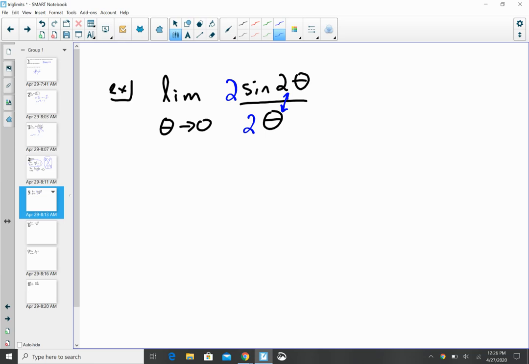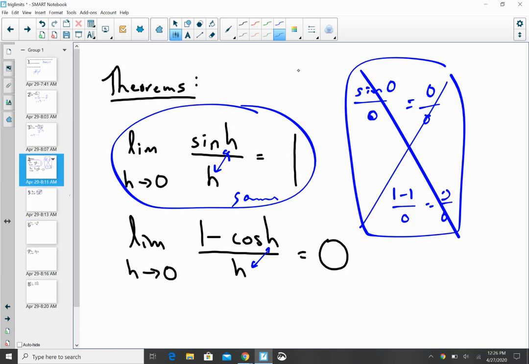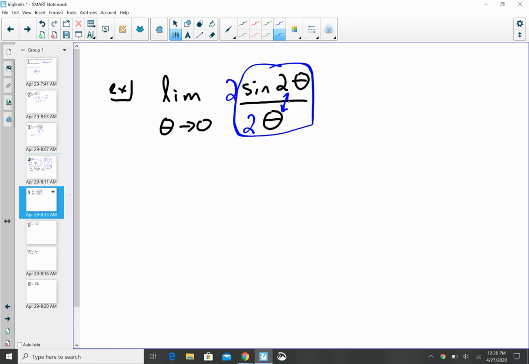So now, according to that theorem, this part right here is going to equal 1. And you have that 2. And 2 times 1 equals 2.